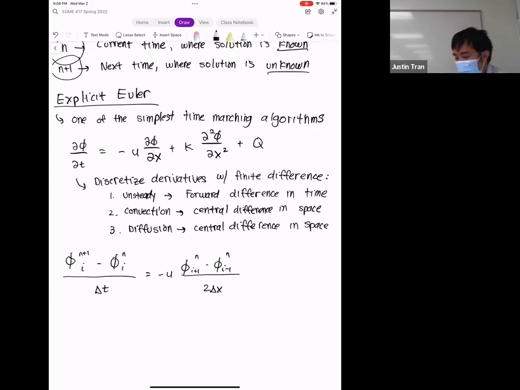Okay, then we have the convection term, which we are doing central difference with.